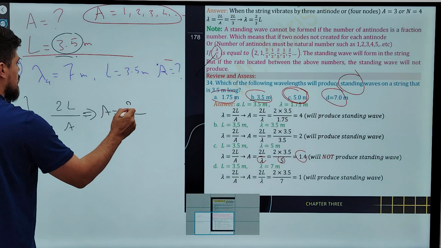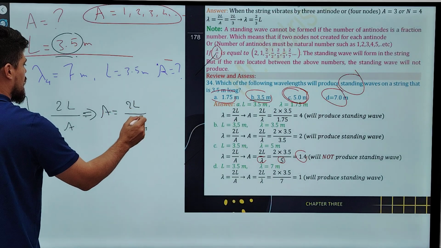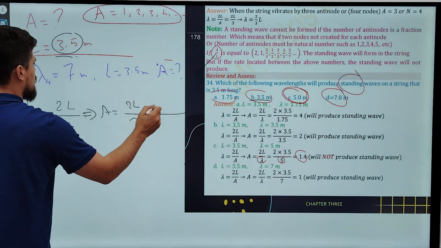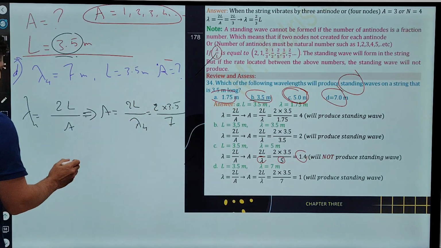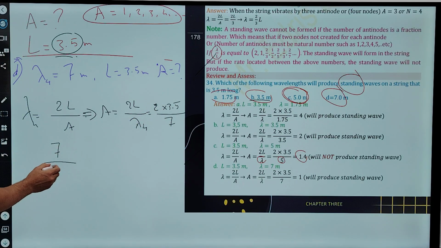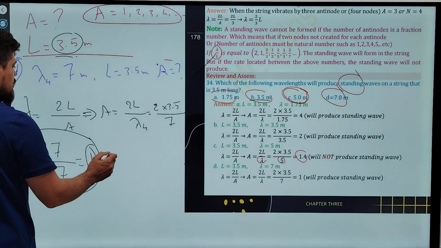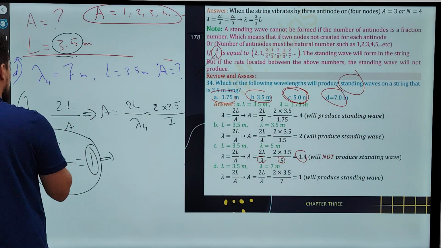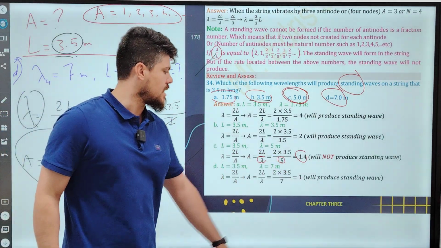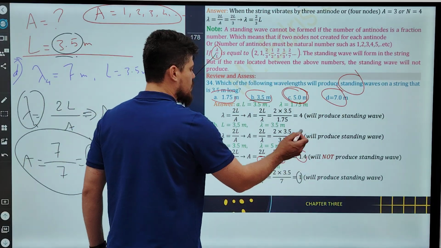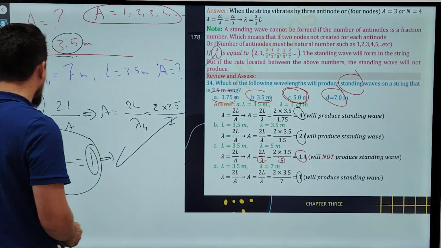A is equal to what? 2L over lambda 4. 2 times 3.5 divided by 7. 2 times 3.5 is 7, divided by 7, 1. A is equal to 1. Can this wavelength produce the standing wave? Yes, of course. The last one will produce the standing wave. Why? Because A is 1. Okay.